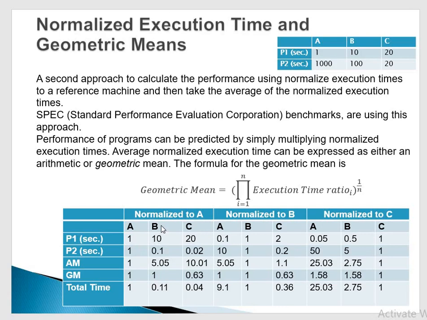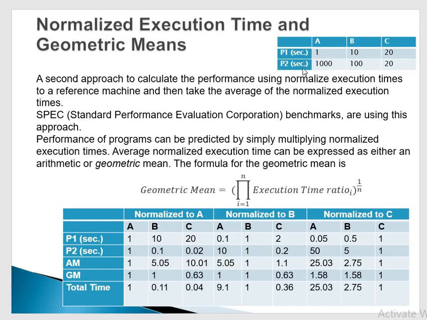To calculate the normalized execution time of computer B for program 1, we find the ratio of the execution time of computer B to the execution time of computer A. So it will be 10 by 1, which is equal to 10. Similarly for computer C, it will be 20 by 1, which is 20.